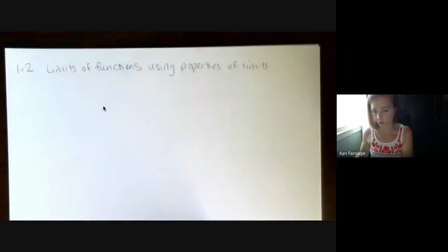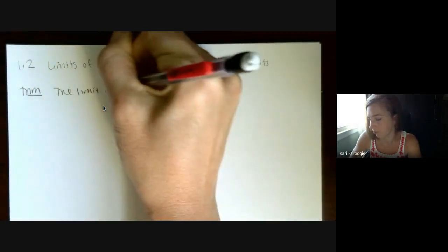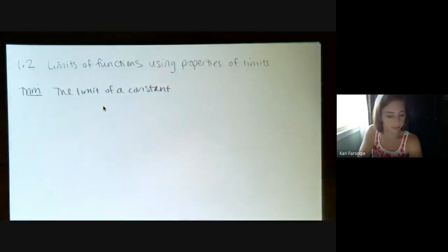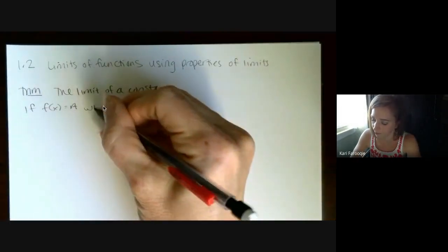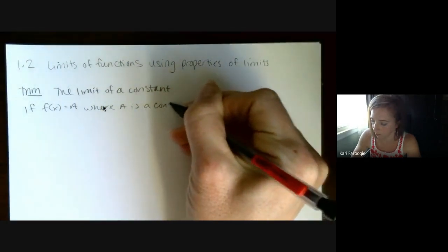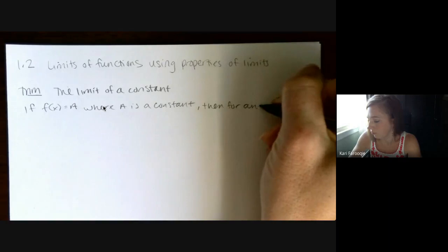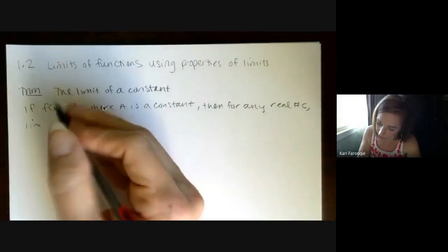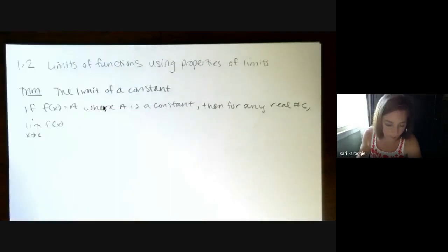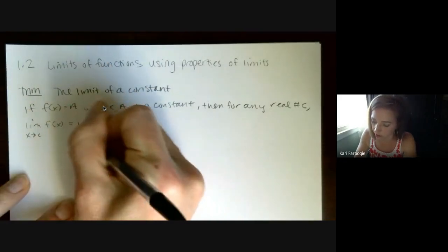The first one is the limit of a constant. If f of x equals a, where a is a constant, then for any real number c, the limit of f of x as x approaches c is equal to the limit as x approaches c of a.